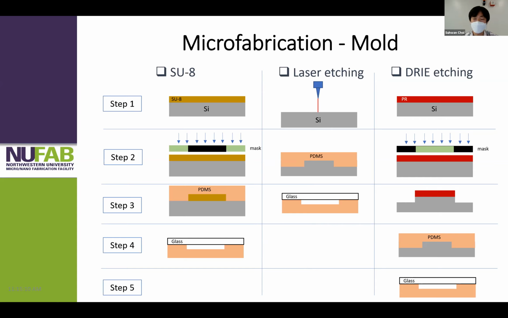Deep RIE is a similar procedure: we use photolithography, then etch to make the mold, and then make the PDMS microfluidics. With laser etching, we can directly etch on top of the silicon wafer to make the mold.